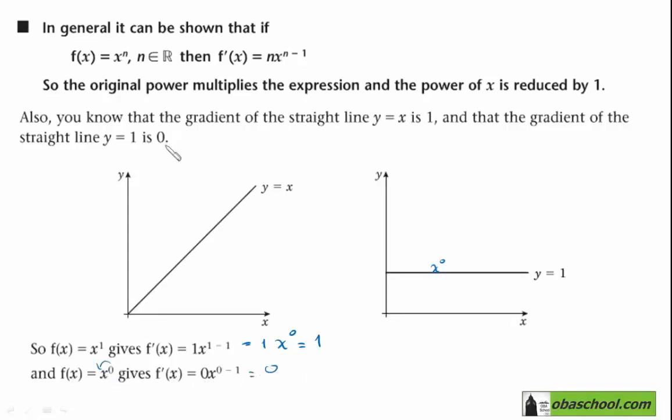Then 0 multiplied by x to the power 0 minus 1 is 0. Here we prove that for y equal x, the gradient is equal to 1, and for y equal to 1, the gradient is 0. And thus the formula can be used whenever we want to find the derived form for any expression or f of x.